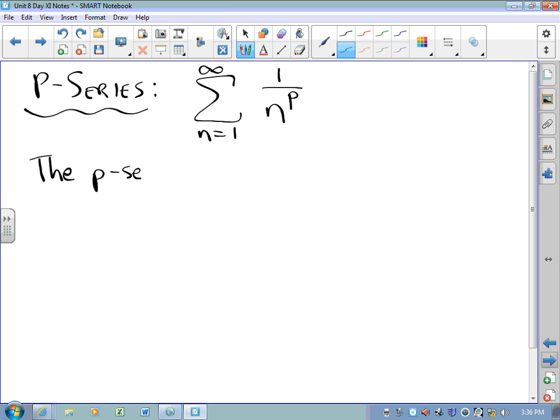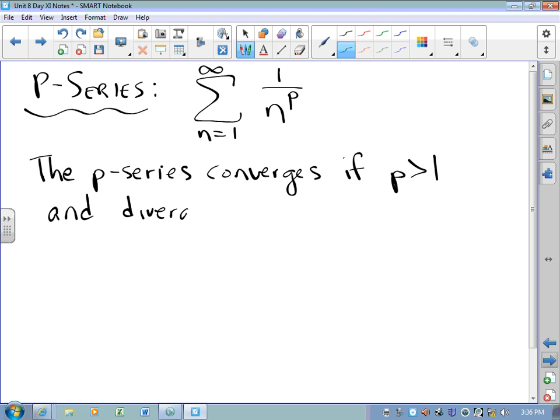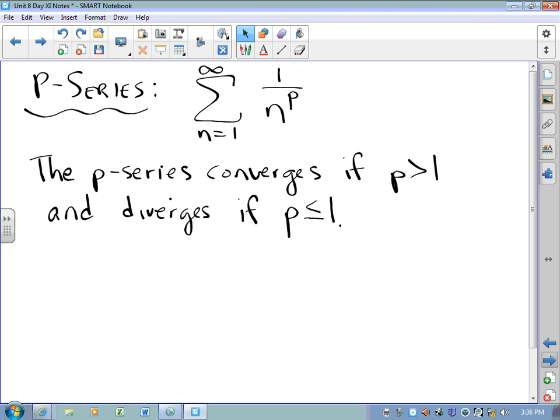The p-series converges if p is greater than 1 and diverges if p is less than or equal to 1.